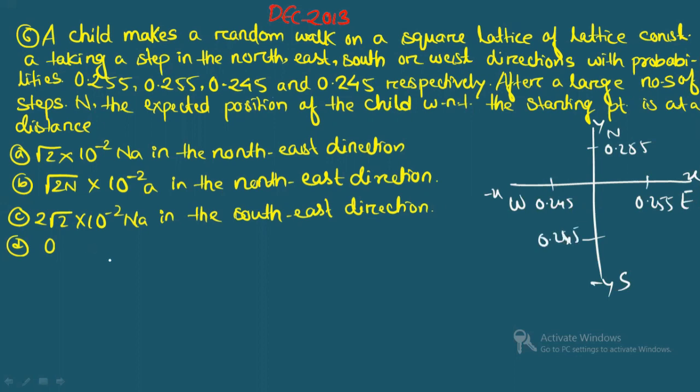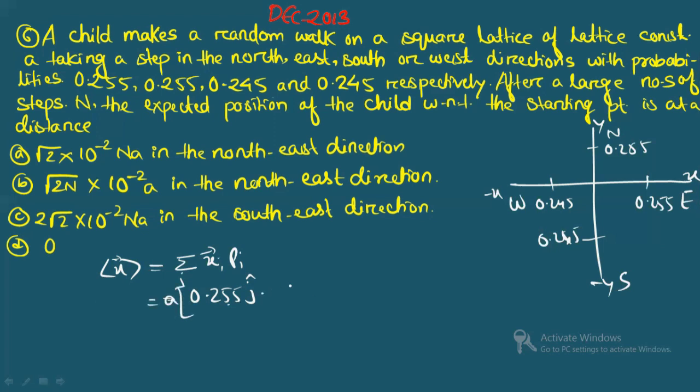So directly we will use the formula of mean, right? This is for one step and then we will multiply with n to get for n steps. Okay. Now you see this is summation over i, xi pi. Okay, so the probabilities you will see first, we will see for which direction. Let's see for the north direction. So this is 0.255 j cap, right? This is the probability and this is j, and in all of them you will get a, so I will write one a outside.